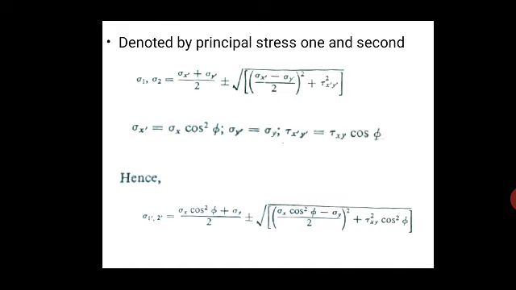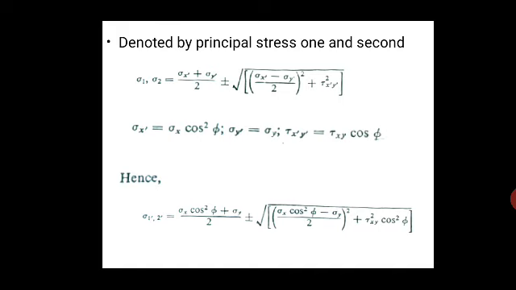And finally, the secondary principal stresses for the oblique incidence are written as sigma 1, sigma 2 is equal to sigma x dash plus sigma y dash divided by 2 plus or minus root of (sigma x dash minus sigma y dash by 2) whole square plus tau x dash y dash square.